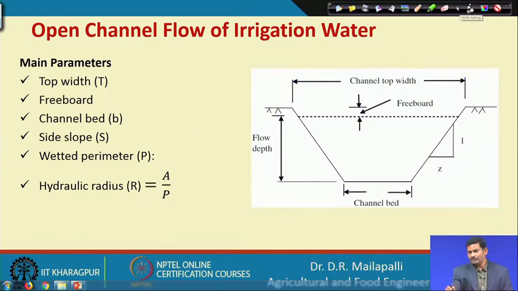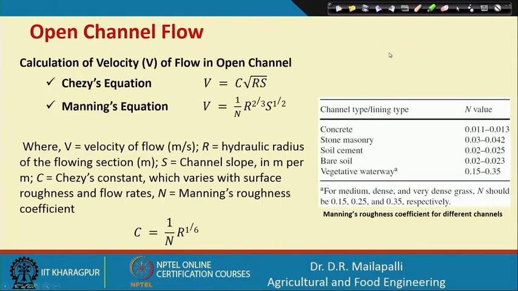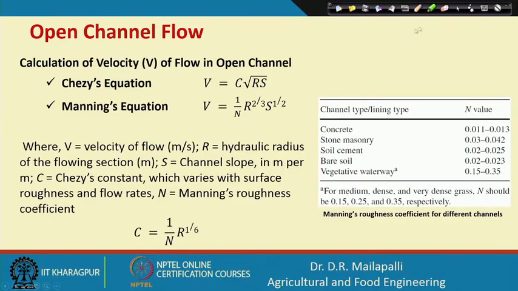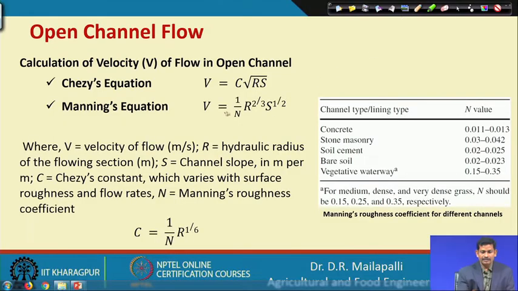So, the next is open channel flow. Basically, there are two equations we need to consider: Chezy's equation and Manning's equation. Chezy came up with his equation long back, so this is the oldest equation.